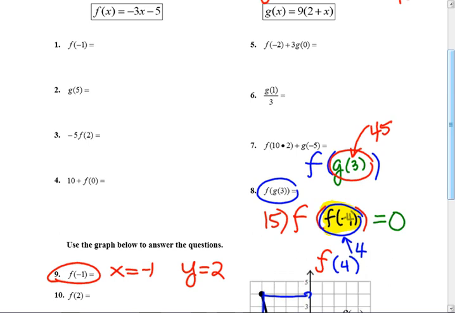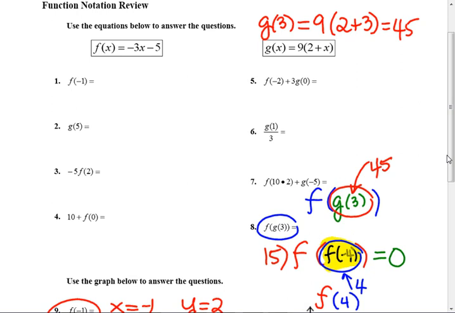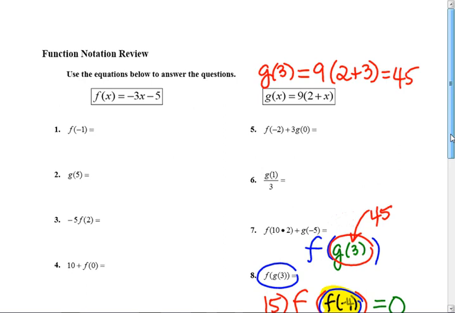Then I have to find f of 45. So you do the inside, find that output. That now becomes the input on the f function. So I want 45. Might need a calculator. f of 45 equals negative 3 times 45 minus 5.